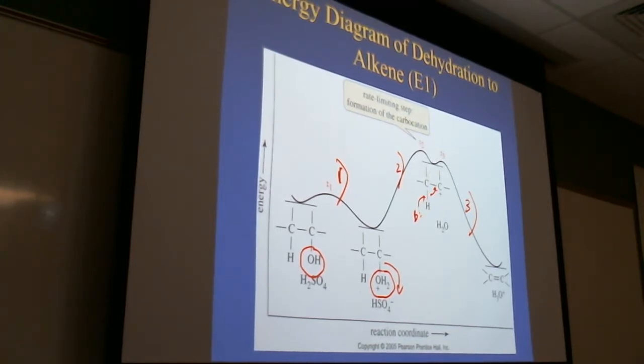They love this type of question on the PCAT and MCAT. What is the first step in the elimination of water from an alcohol? The first step is the protonation of your hydroxyl. That type of question is just a classic question. All right.